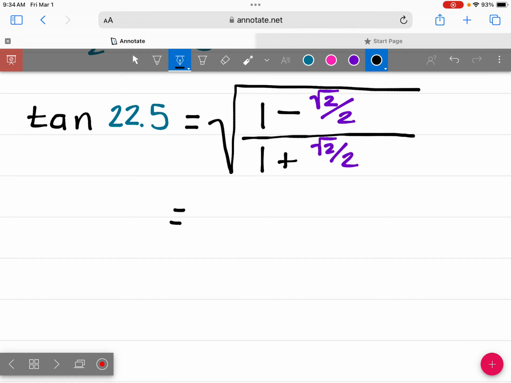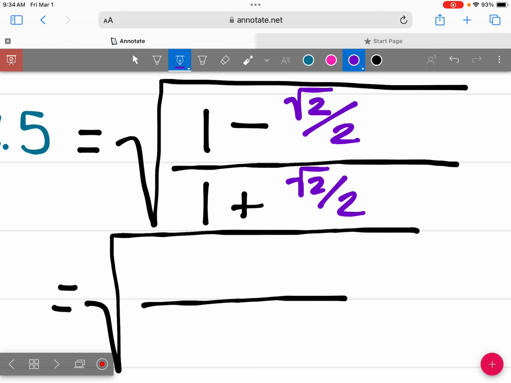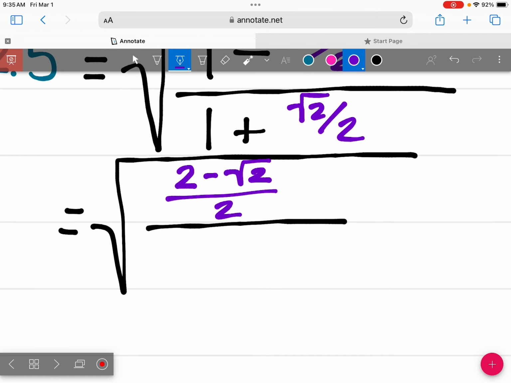So when we're simplifying this, I'm going to take my numerator and my denominator and get them to be one fraction so that we can combine these. So my numerator is going to be, when I multiply that 1 by 2 over 2 to get common denominators, 2 minus the square root of 2 over 2, gross, and 2 plus square root of 2 over 2.